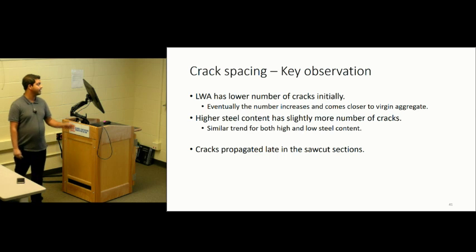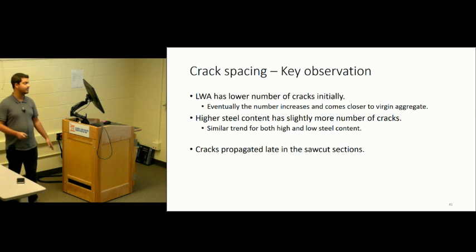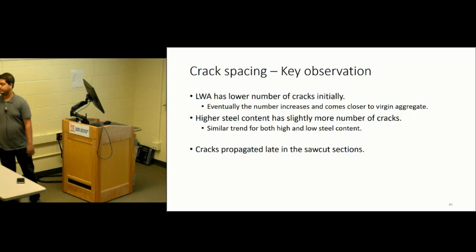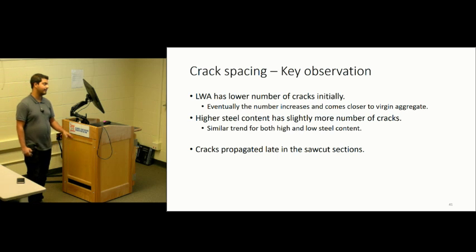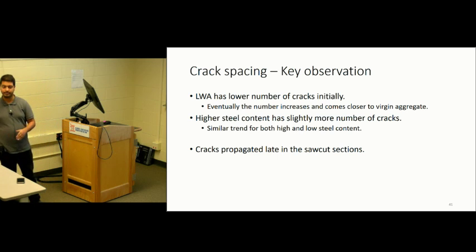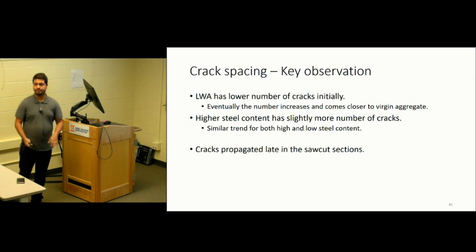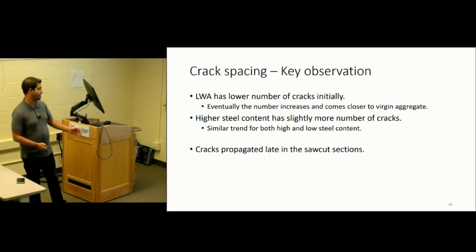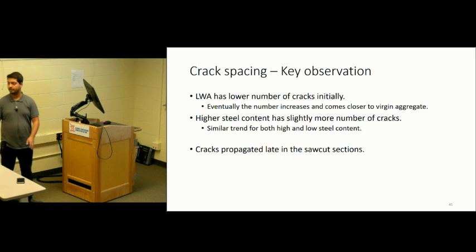And higher steel content has slightly more cracks, but a similar trend as lower steel content. And for the active cracking section, the saw cut section, we have noticed that the crack doesn't initially propagate through these sections. They take quite some time to propagate through, although we provide a notch a few hours after construction.